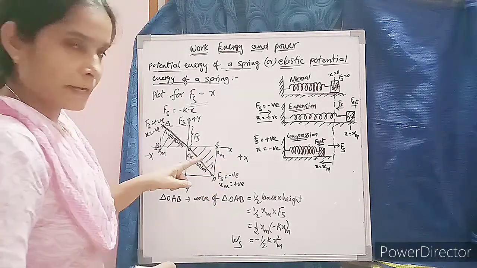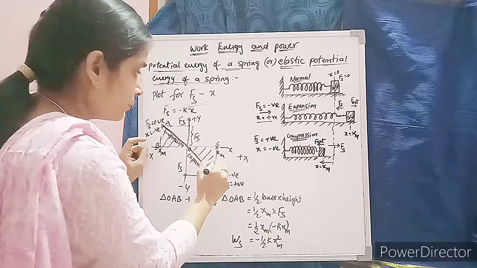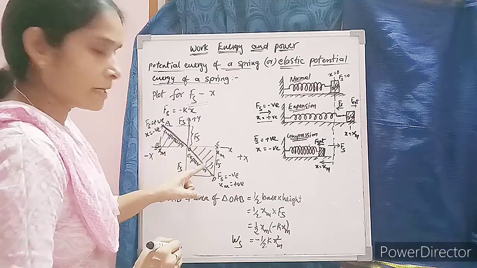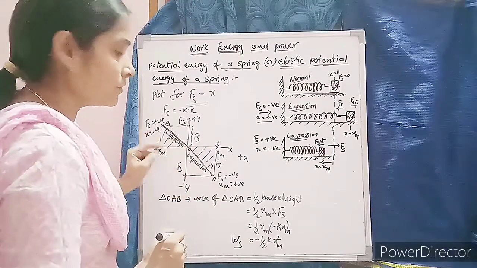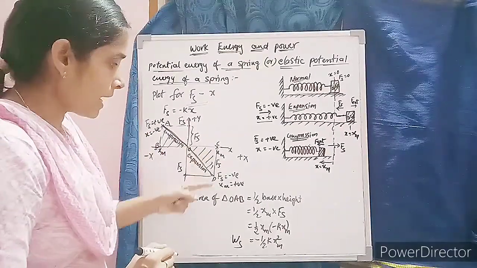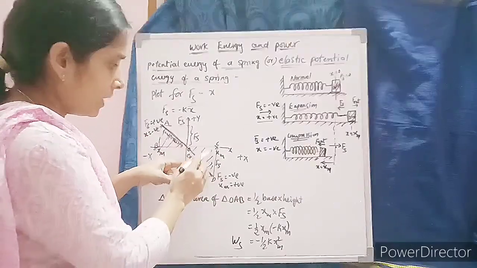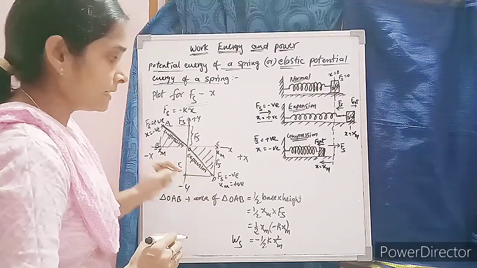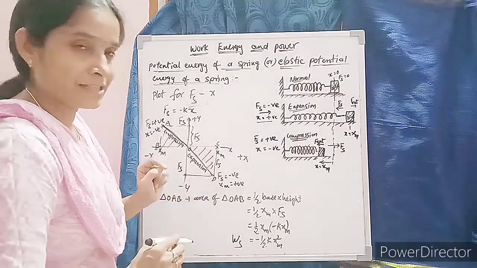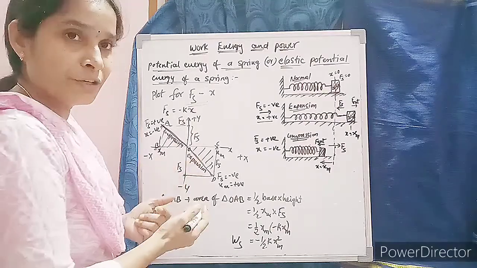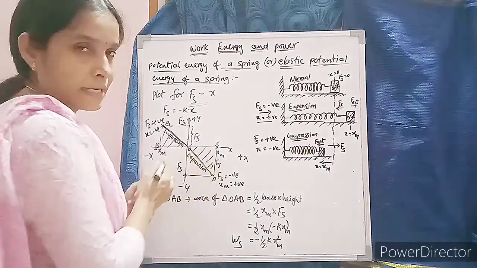Take the triangle OCD. Here the force is Fs and the displacement is xm. The area of the triangle OCD is equal to half into base into height. The base OC is xm and the height CD is Fs. So the work is half into Fs into xm.